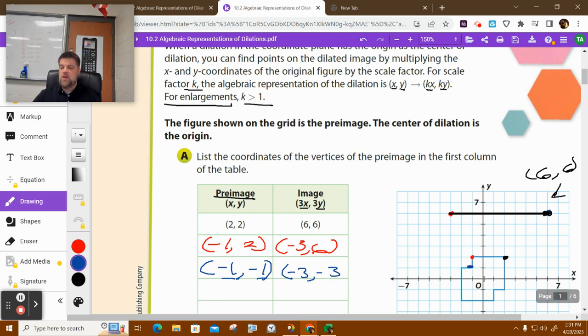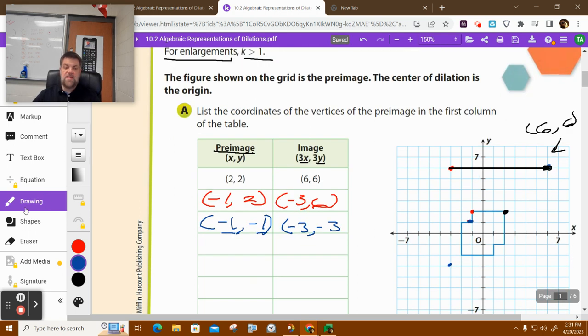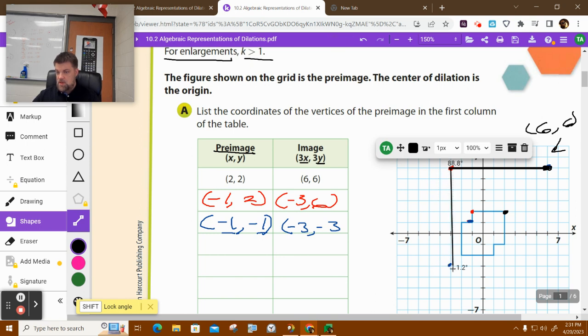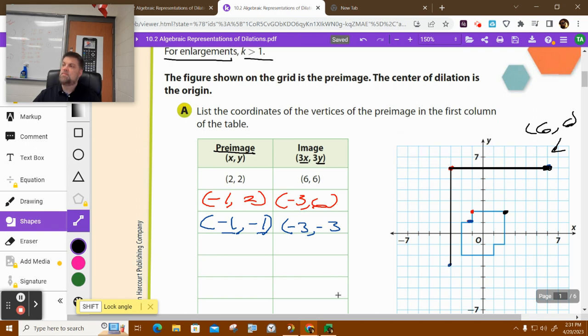So the next point is 1, 2, 3 units in the negative x direction. Then we're going to go down 1, 2, 3. So that's that dilated point right there. Next, I need to draw a straight line between the two of those. So from this point to this point, I'm going to draw this straight line. Okay? Does that make sense?